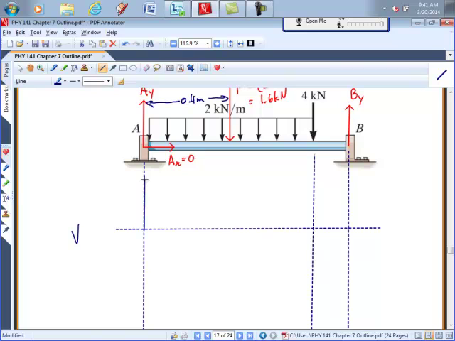Now what happens between A and 0.8 meters?